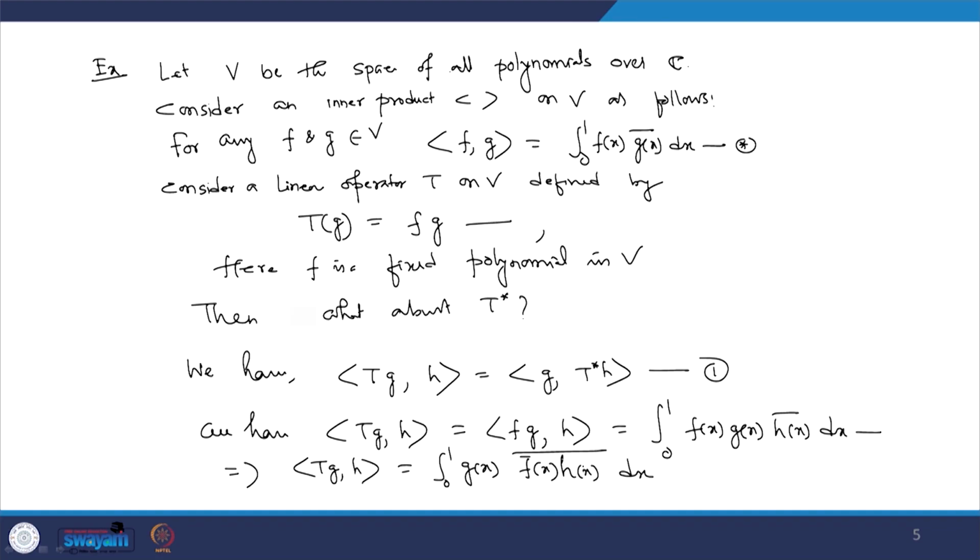So, this is the integral from 0 to 1 of g of x and f bar of x h of x whole bar dx, because f bar bar is f itself.